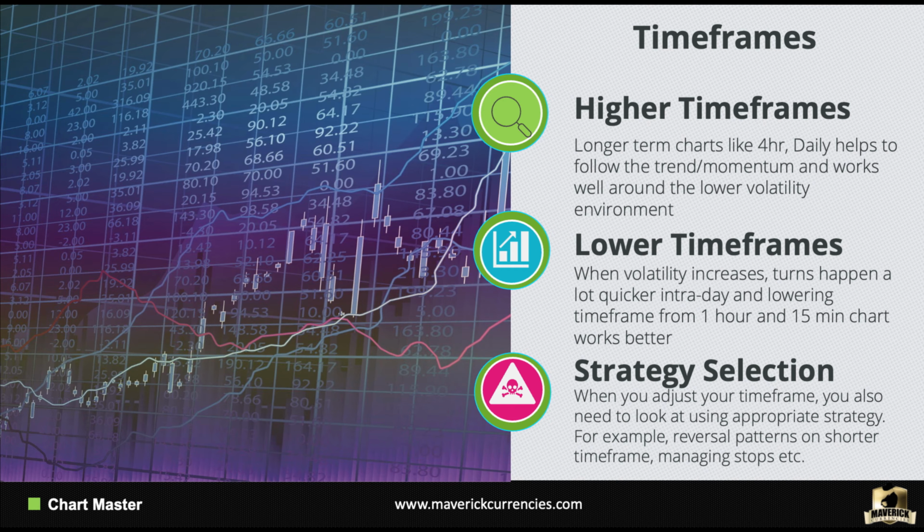But when suddenly we're getting a lot of volatility but not a whole lot of direction, the lower time frame works best, because it gives you a clearer indication of when those turns happen intraday, and you can take advantage of that. The lower time frame we usually consider is about 15-minute to an hourly chart. Between those two, the strategy is decided based on what kind of volatility we are seeing in the market.